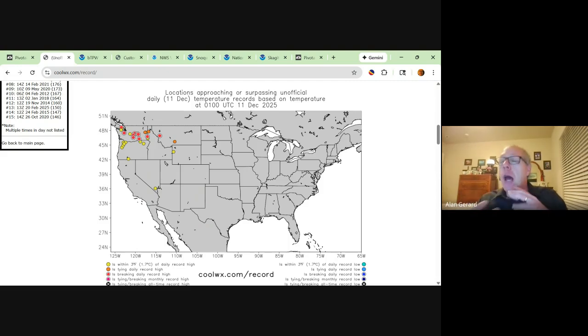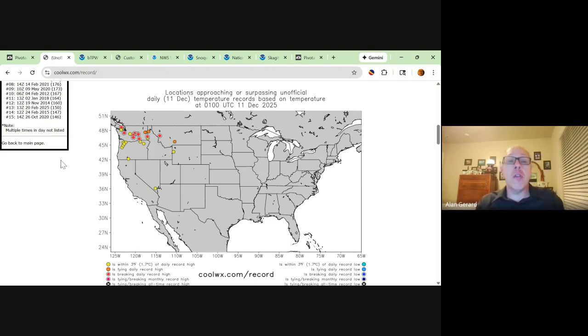These upper level high pressure areas are not only controlling the weather, they're also bringing very warm weather to the western United States, and that's pretty typical. Generally, upper level highs bring warmer than normal weather. Upper level troughs bring colder than normal weather, just at a very basic level.